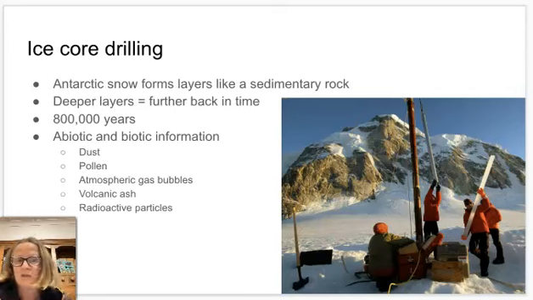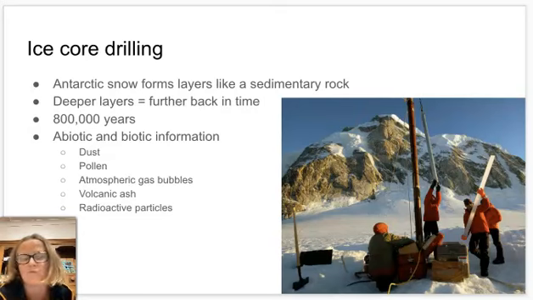So other information we can get is from ice core drilling. So this is when we make a hole through either snow or through ice in glaciers, and you can actually look really far back in time, 800,000 years, because these glaciers haven't melted for that long, and it traps in that ice as the snow falls, and each layer of snow compacts the layer below it.